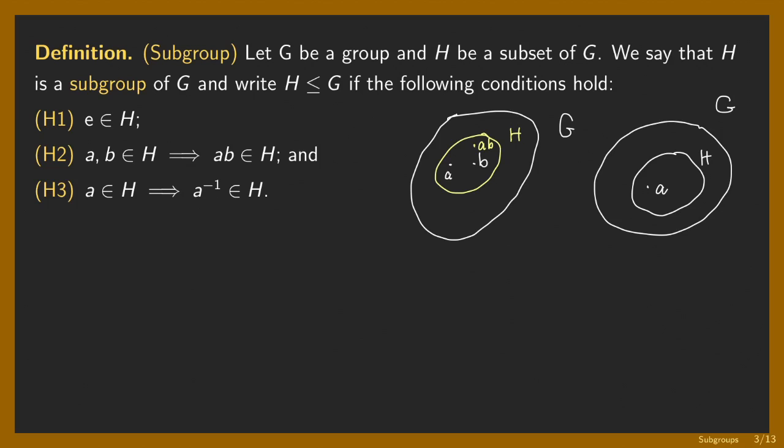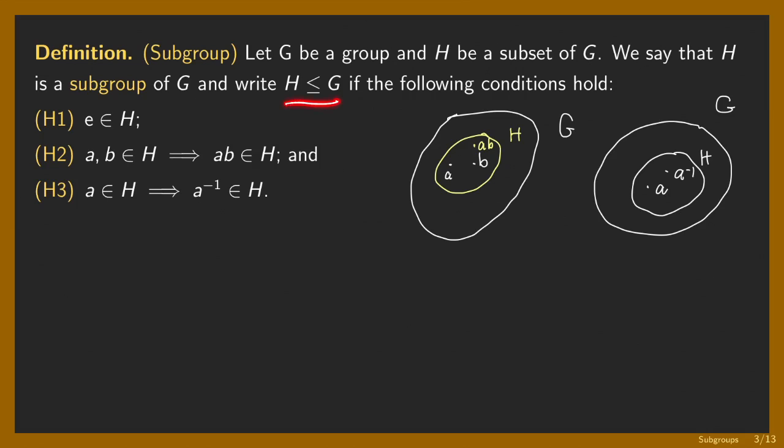But we are not always guaranteed that its inverse is still in H. Definitely it's still in G, but maybe the inverse may be found outside H. So in order for H to be a subgroup, we further require that the inverse of A be found in H as well whenever A is in H. So these properties make H a subgroup of G.